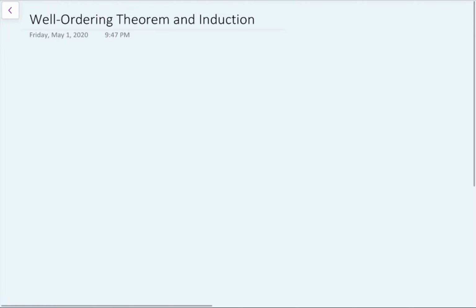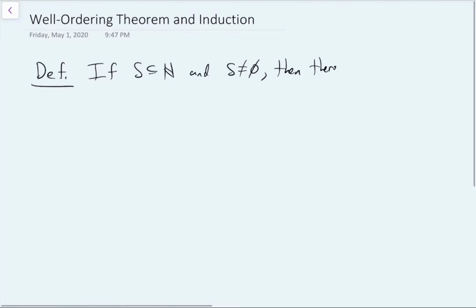All right, but to start out, what is the well-ordering theorem? I'll just write it down. If I have a subset S of the natural numbers, and this subset is not empty, then S has a minimum element.